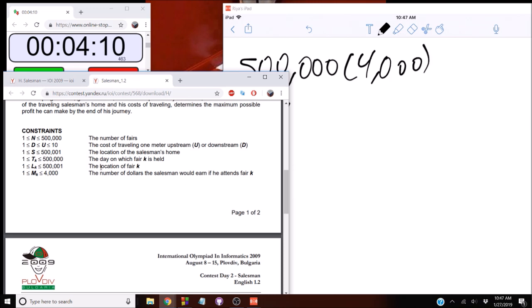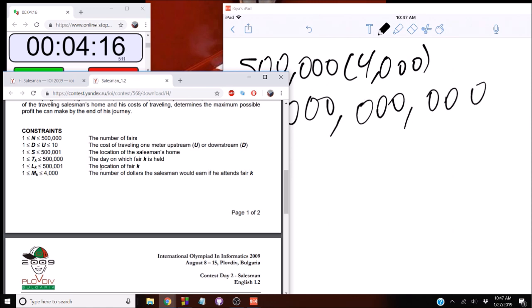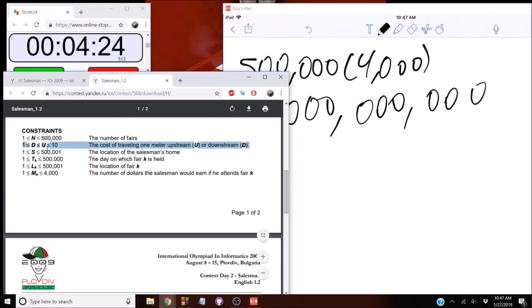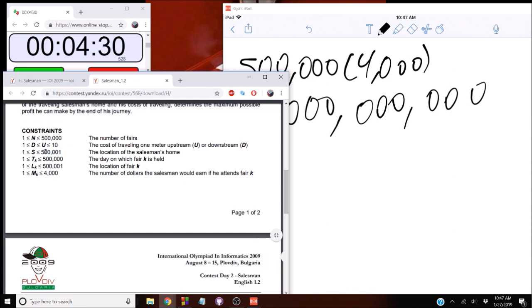This is 22 billion. Okay, so looping through the whole entire money is definitely too slow. Oh, I guess this is the cost of traveling 1 meter. And so you can travel 500,000 meters, so that's like 5 million for everything, for each travel. Okay, that's a bit high.